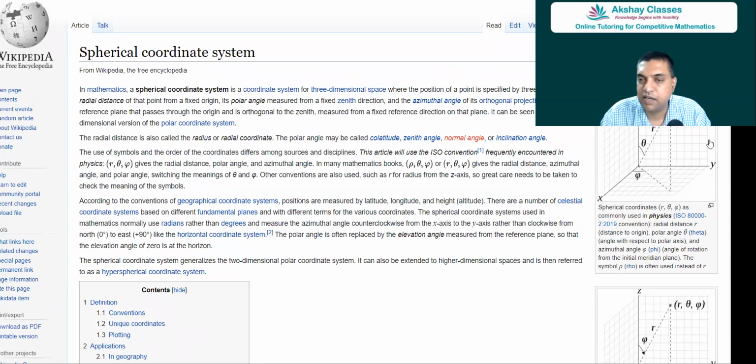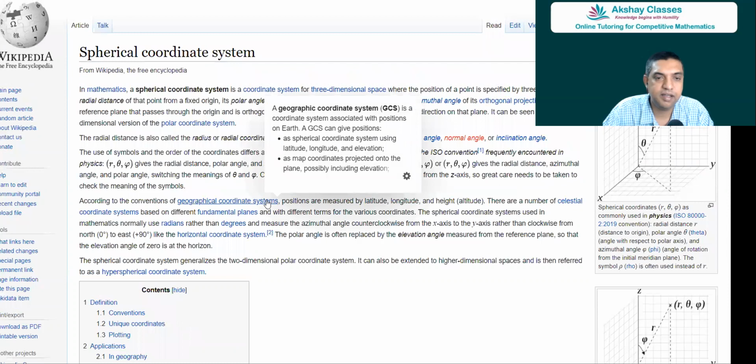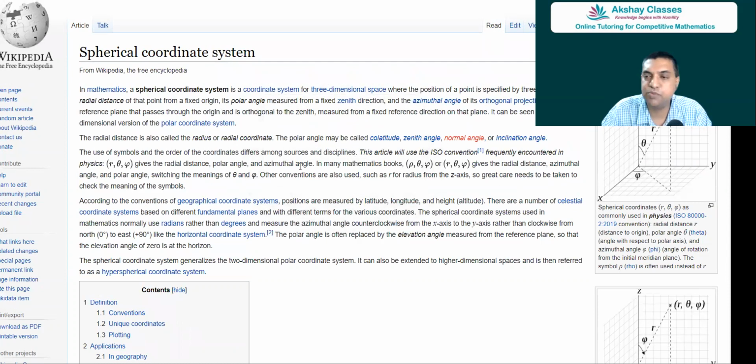And phi is called the azimuthal angle. It is the projection of this radius onto the xy plane, and the angle it makes with the x-axis is phi.